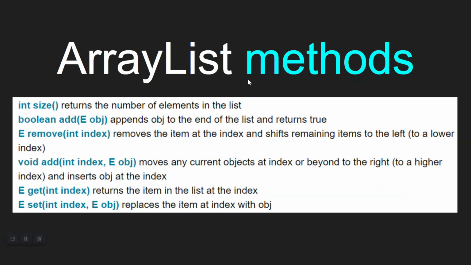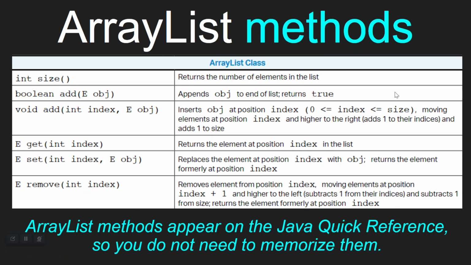At this point in the class, you might be thinking to yourself, oh great, a bunch more methods that I need to learn and memorize. And in fact, it looks like we've got 6 of them that we need to know for this lesson. But the good news is they are also on your Java Quick Reference.